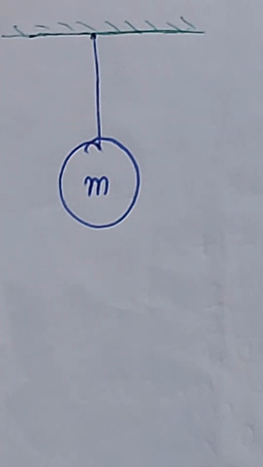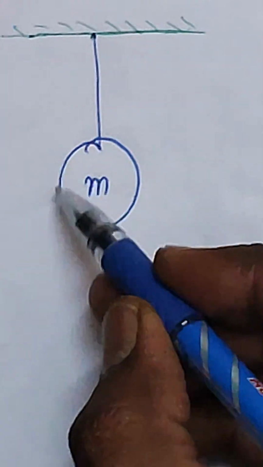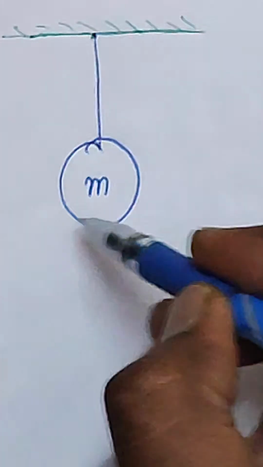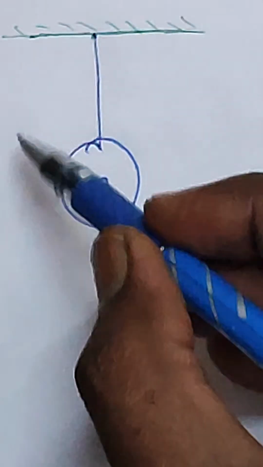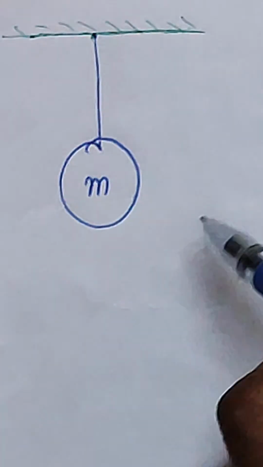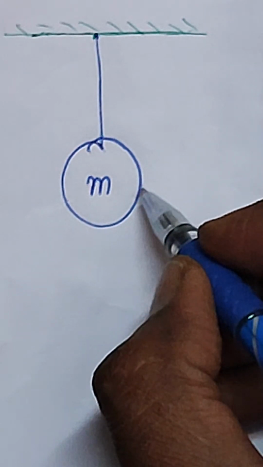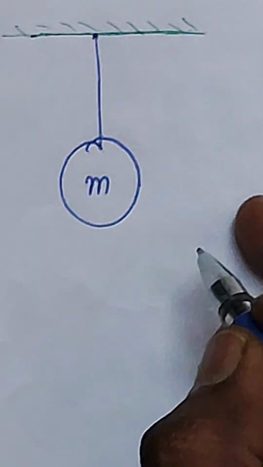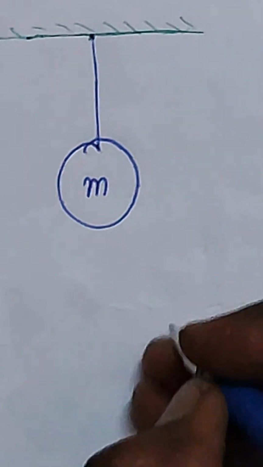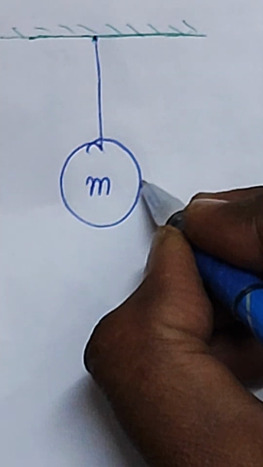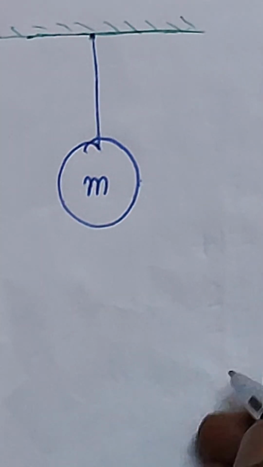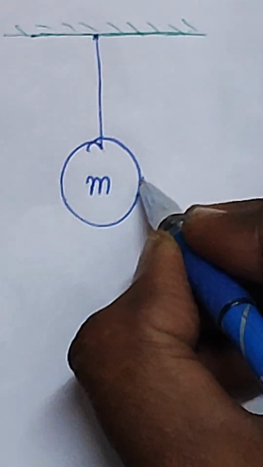The question is that a ball suspended by a string swings in a vertical plane. So this is the ball having a mass m, and this swings in a vertical plane like this, so that its acceleration in the extreme and lowest positions are equal. What is the acceleration at the extreme position and the lowest position?